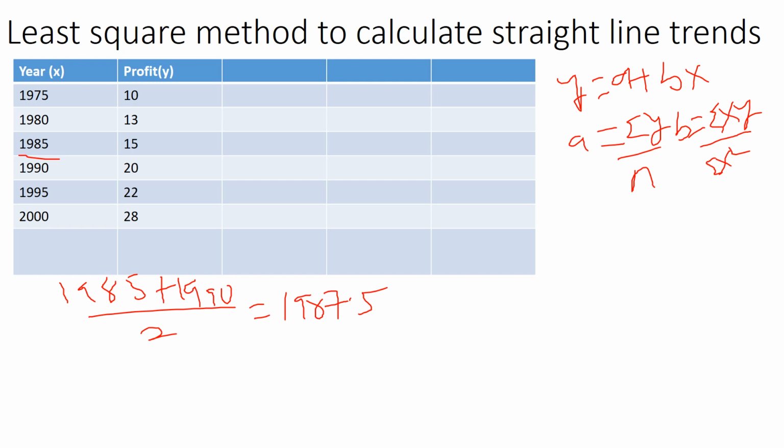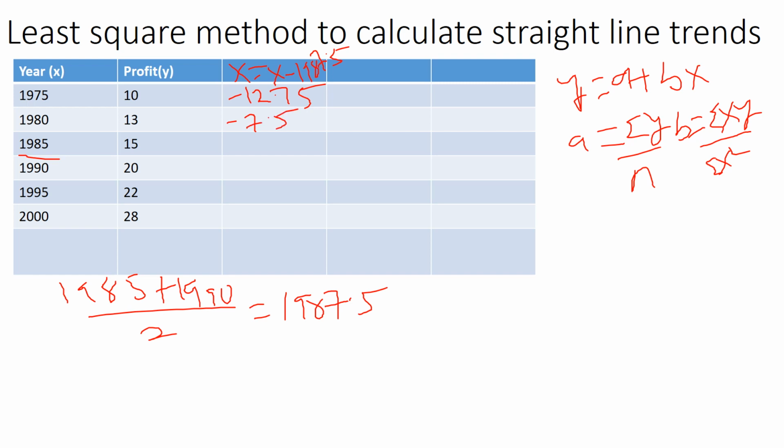So we know that our x column here will be given by x minus 1987.5. So we can take the first one, which is 1975 minus 1987.5, and this one we get negative 12.5. And then we also subtract 1980 minus 1987.5, we get negative 7.5.